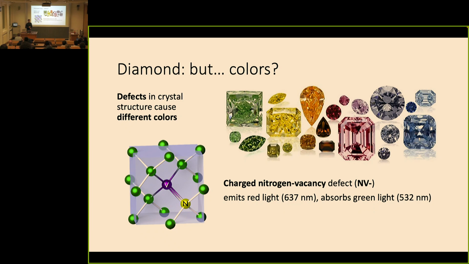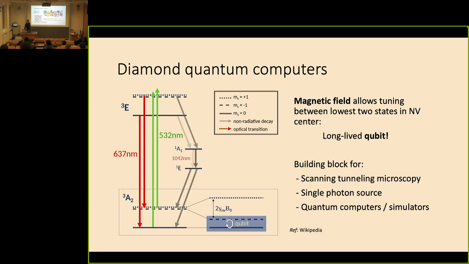Apart from being a funny optical property, this is one of the main reasons why people are using diamonds in laboratories these days, because these NV centers can be the perfect tools for making qubits and therefore quantum computers.